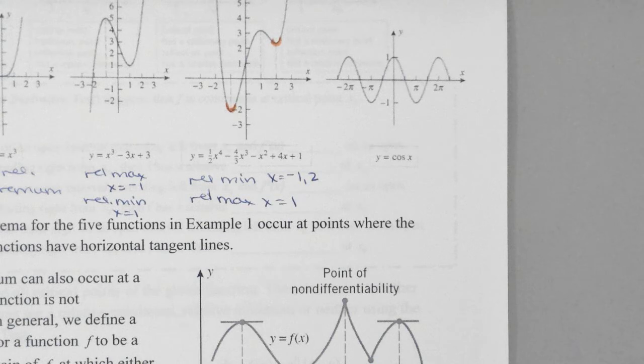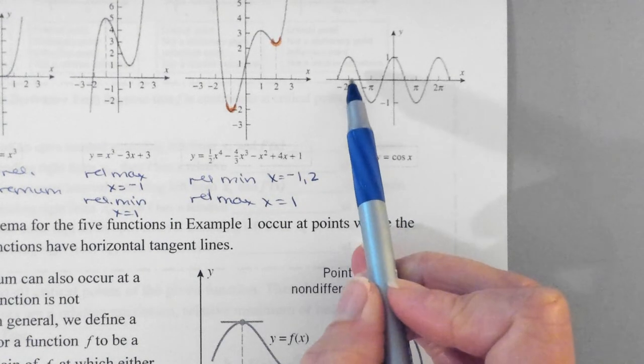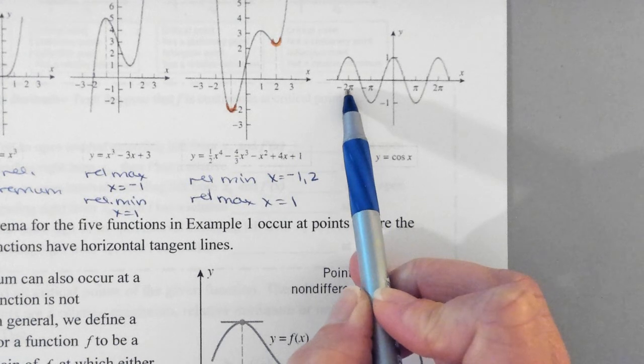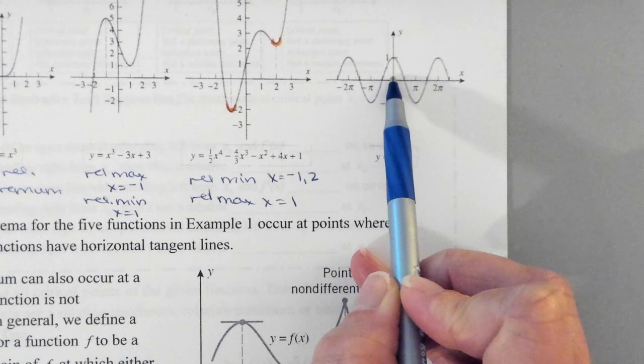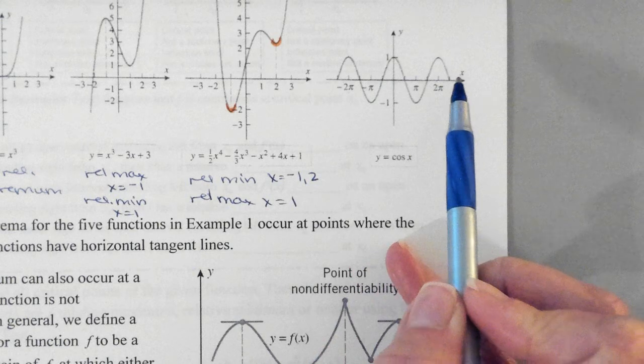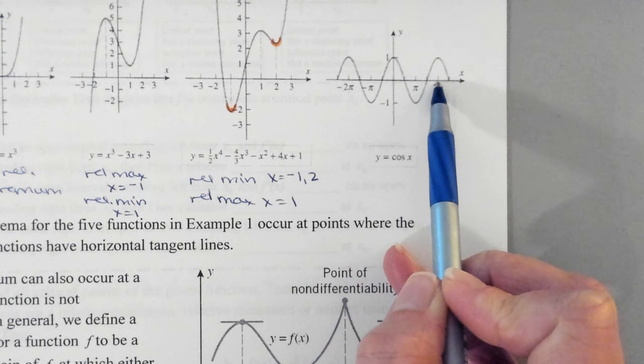But because Adam pointed out that the graph continues infinitely, can we make a generalization about the maxes for the cosine of x? Aren't they going to occur in the same spots given some general equation, function? Yes? Okay, so first of all, here we're looking at x is equal to negative 2 pi, x is equal to 0, x is equal to 2 pi.